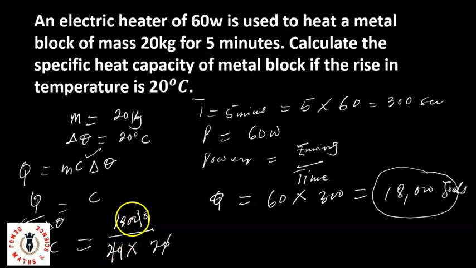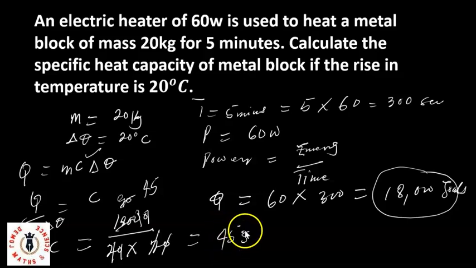I have 2 here. In the remaining 180, that will be 90. And I have 2 here. In 90, that will be 45. So that my c will be given as 45 joules per kg.